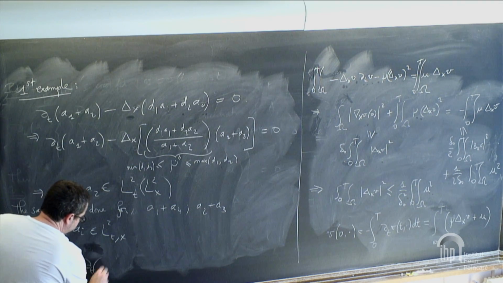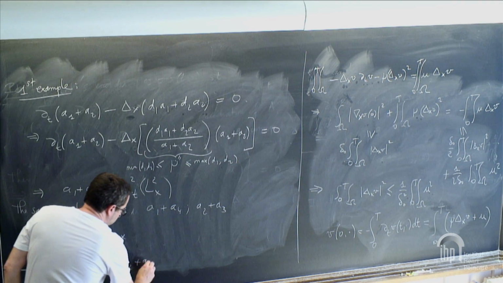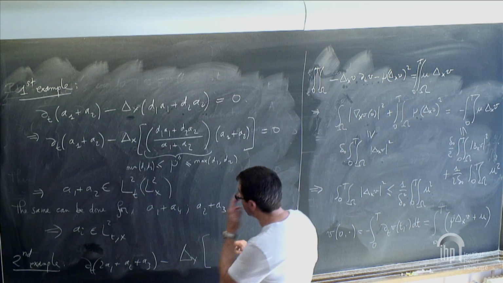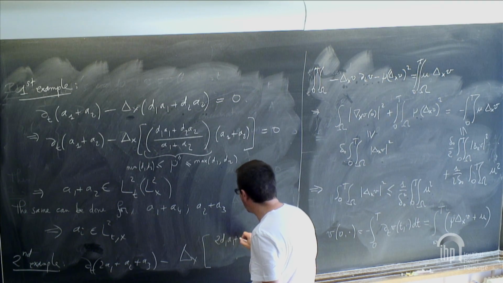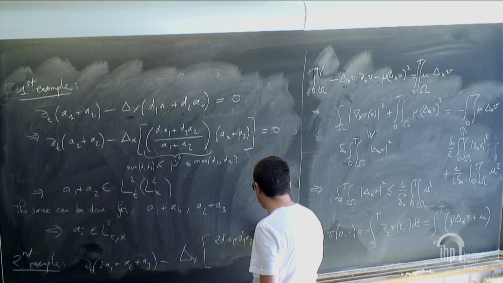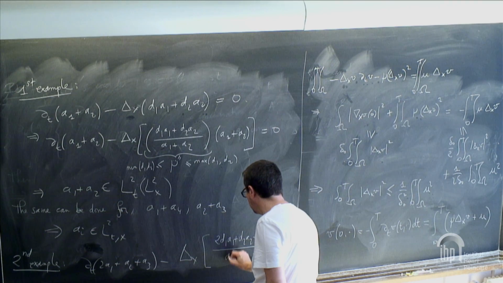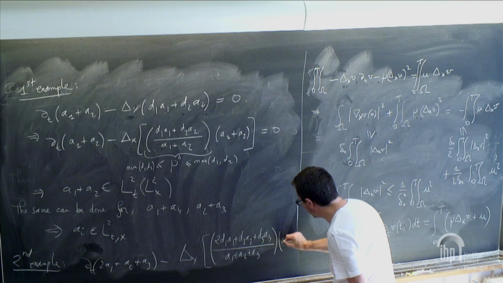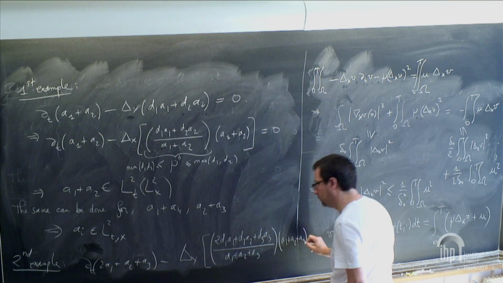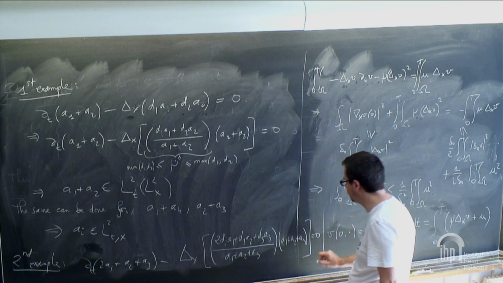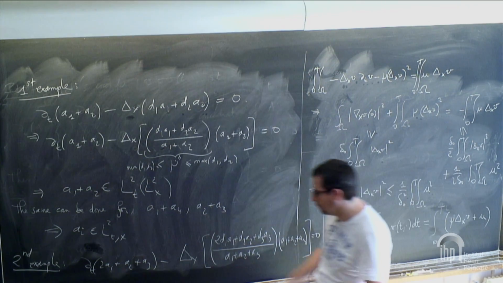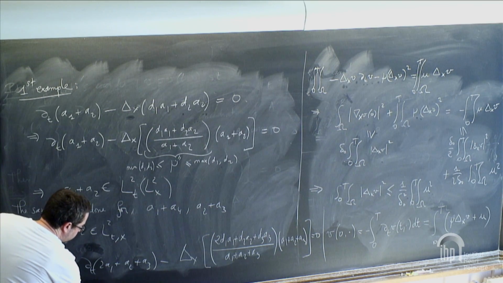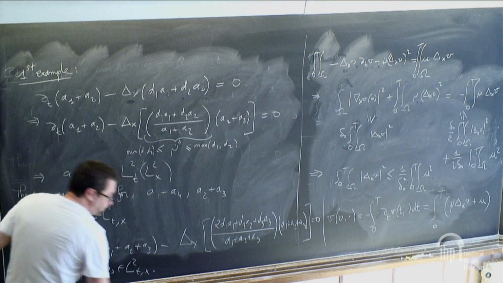This time, you will just write that this quantity is equal to 0. And with the same argument, you get that 2A1 plus A2 plus A3 lives in L2 in T and X.